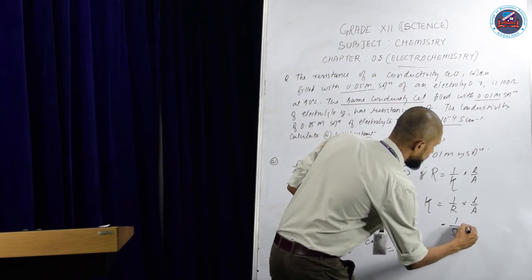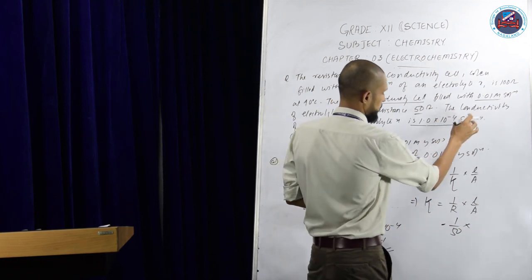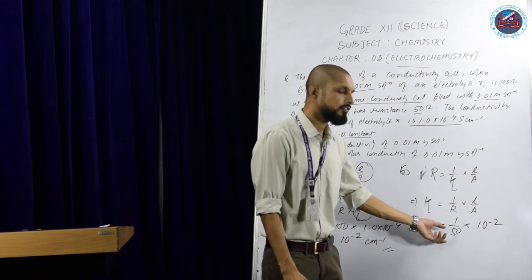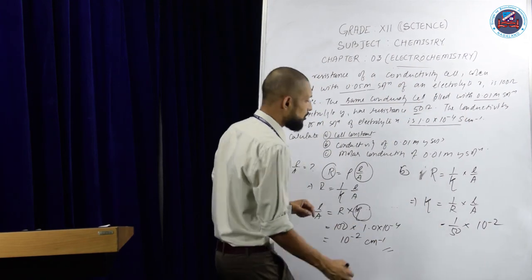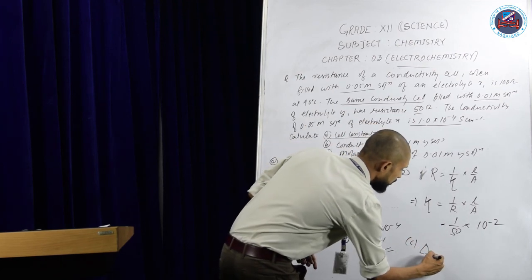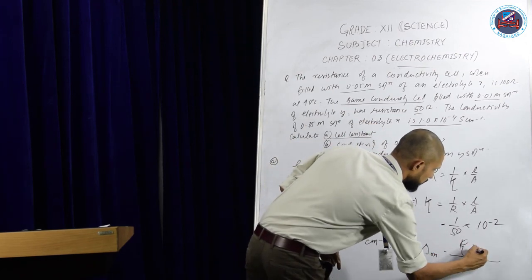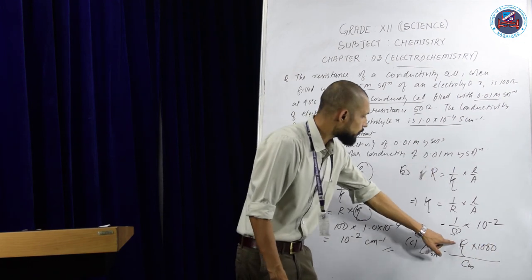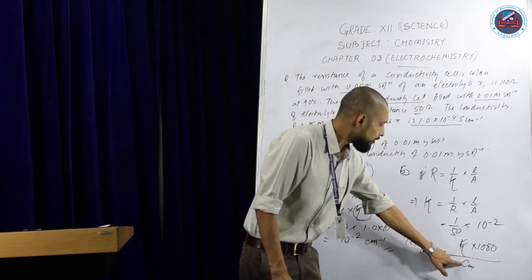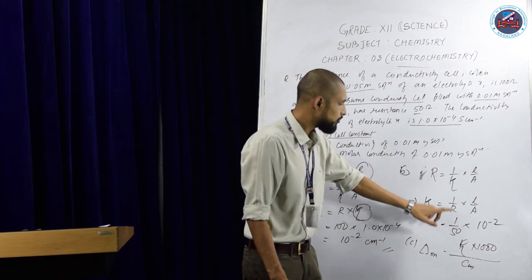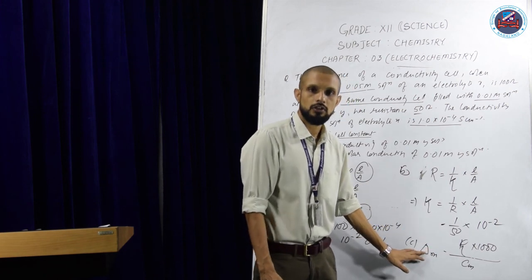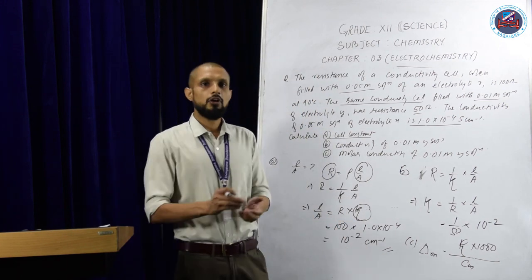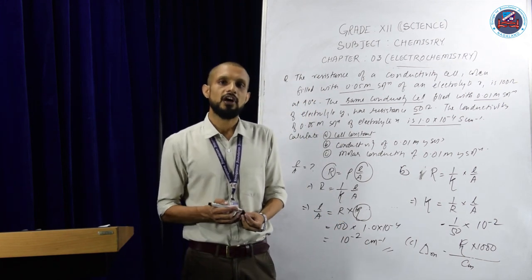So 1 by 50 multiplied by the cell constant, 10 to the power minus 2. If you simplify this, you'll get the answer. Next, molar conductivity is equal to kappa, that is conductivity, multiplied by 1000 divided by Cm. If you put the value of conductivity from here, and molar concentration is 0.01, you simplify, you will get the value of molar conductivity. So I want you to try this by yourself. So that's all from this chapter. In the next video, we'll start a new chapter. Thank you.